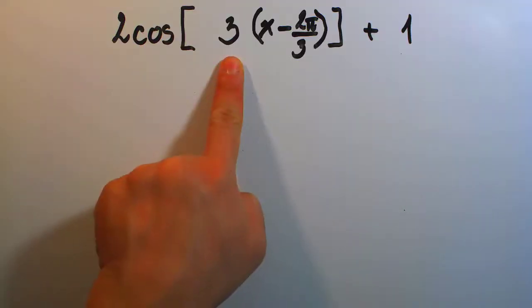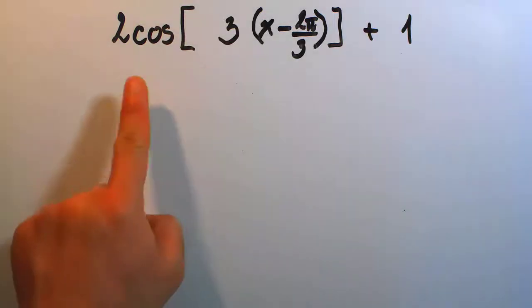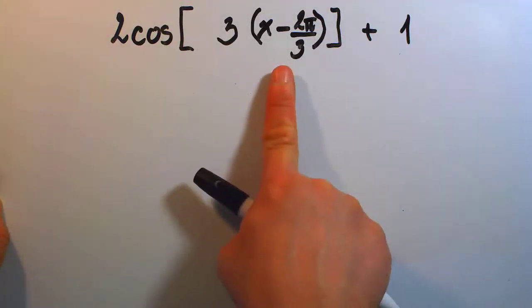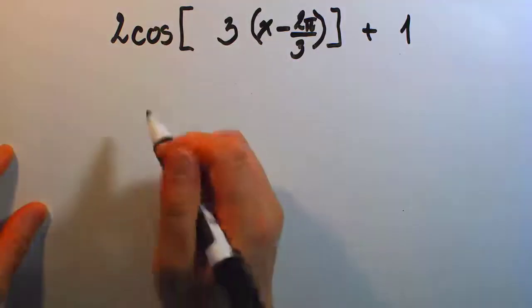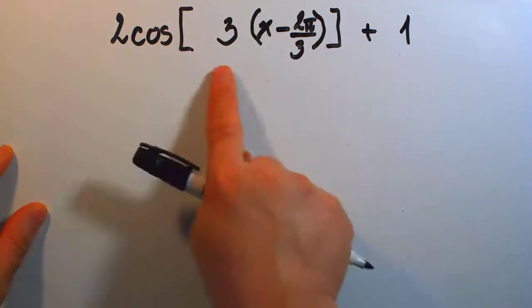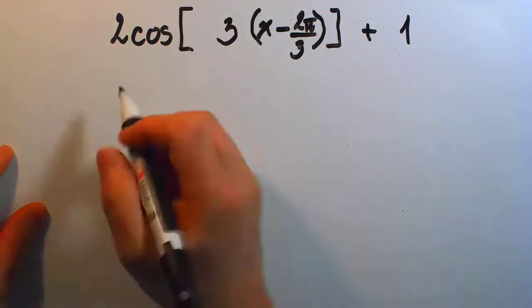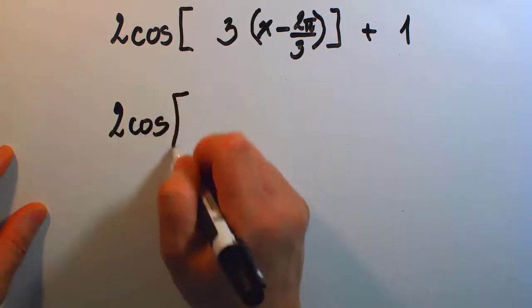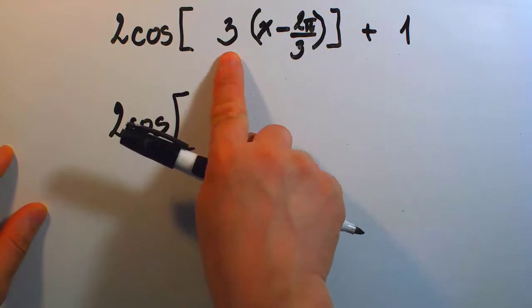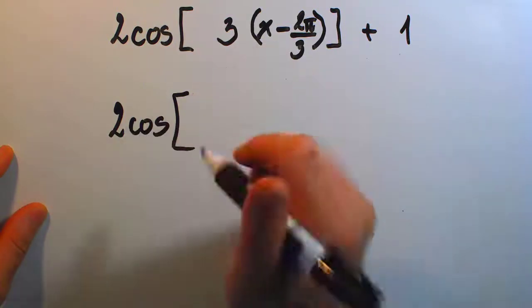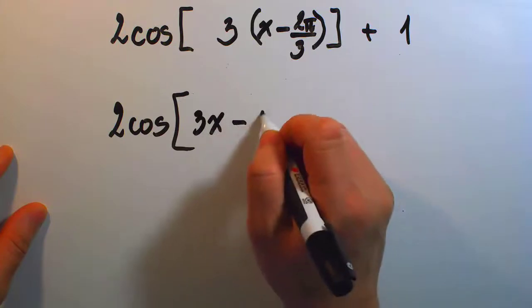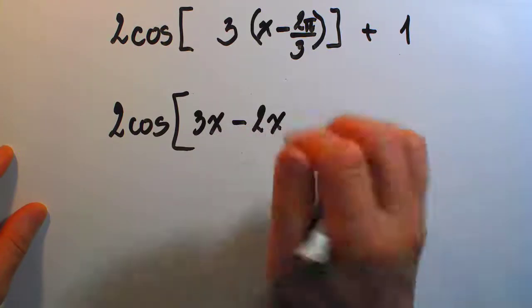And here we have a different expression of our cosine function, expressed with a different starting point right here. Doing a little further algebra inside of that expression, I can simply go 2 times cosine, and for the expression inside, I'm going to distribute that 3 to every single term, leaving me 3x minus 2 pi.